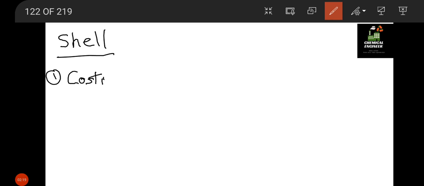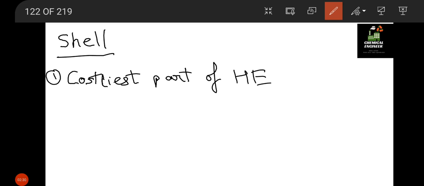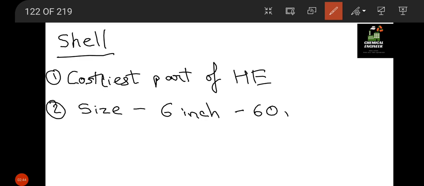All right, so first point, please note down side by side. For the shell, the first point is that it is the costliest part of the heat exchanger. Now the size of a shell ranges from 6 inches to 60 inches.